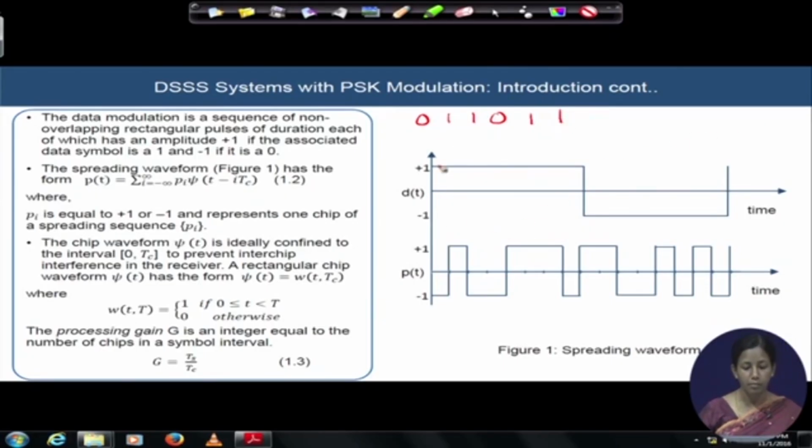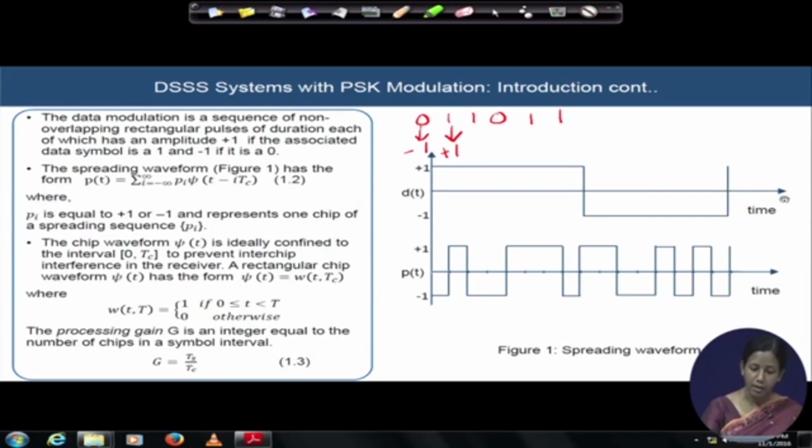Whenever BPSK modulation is used, the incoming series of zeros and ones will be transmitted in the form of either +1 or -1. In binary phase shift, you will have a shift of plus minus 180 degrees corresponding to the incoming data bits. So, for 0 we map the signal as -1, and for 1 it will be transmitted as +1. Hence you can see how the modulated data is now available to us for spreading.